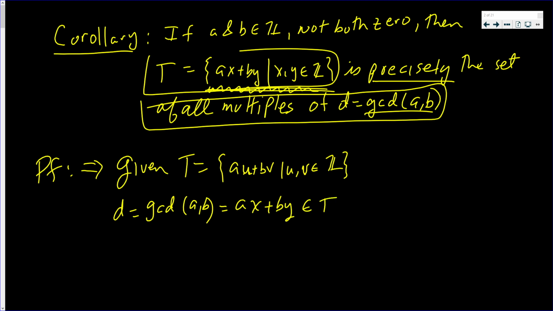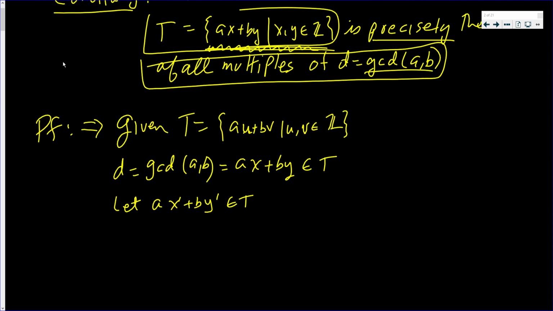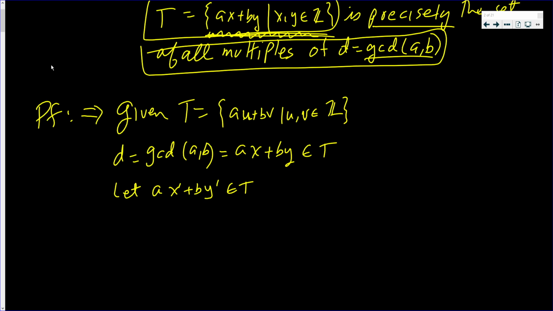Well, this is in T. Okay, now I need to show that everything in T is a multiple of D. Okay, so we let ax prime plus by prime be in T. Now I need to show that it's a multiple of D.